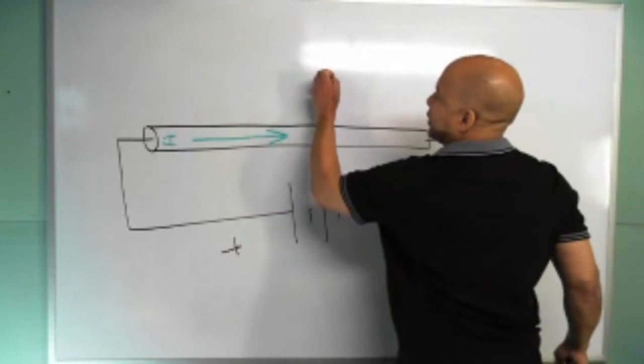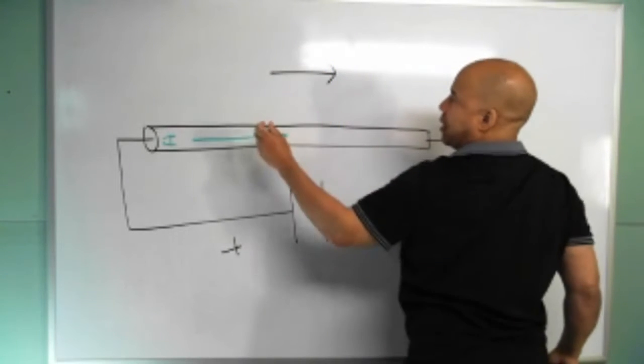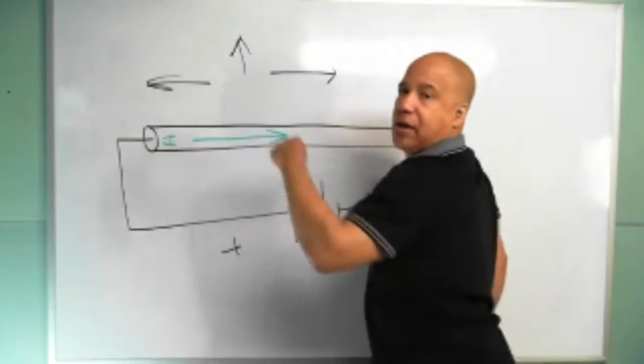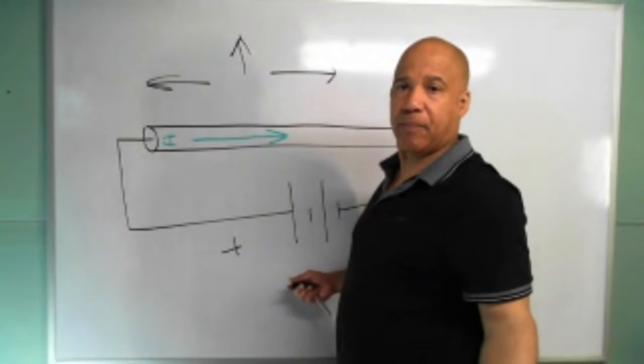I can show something going this way, like I did for current. I can show it going this way or that way. I can draw it in the plane of the board in any direction, basically.